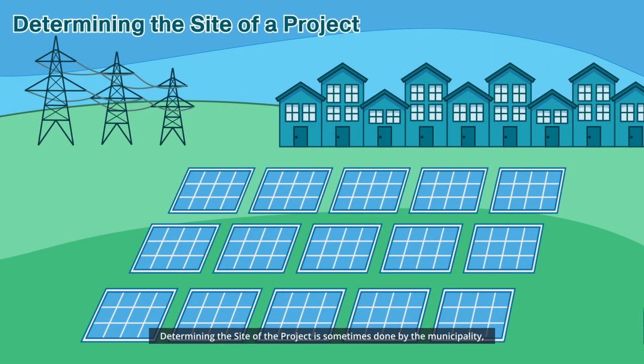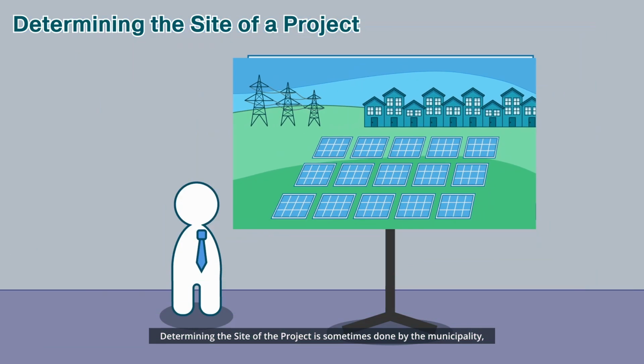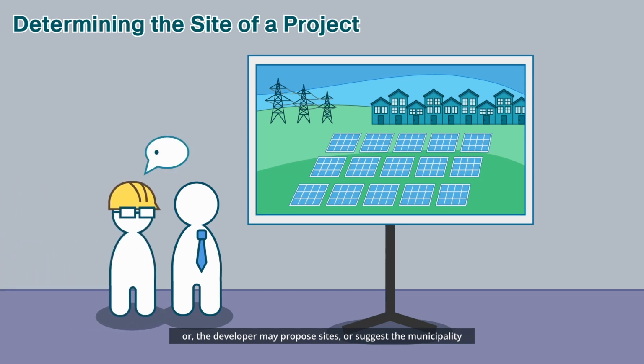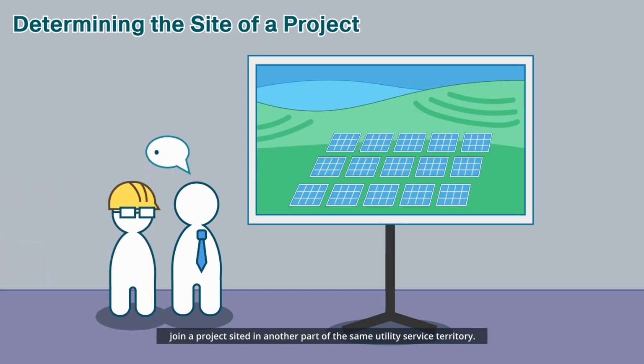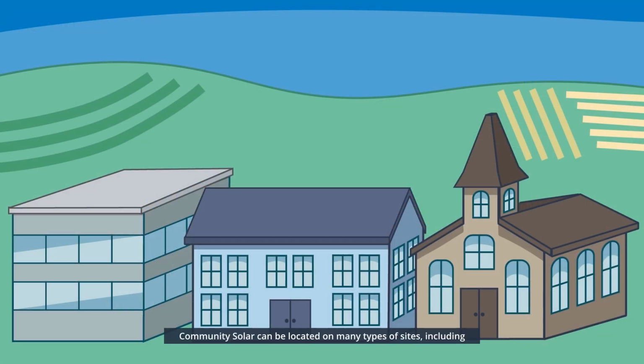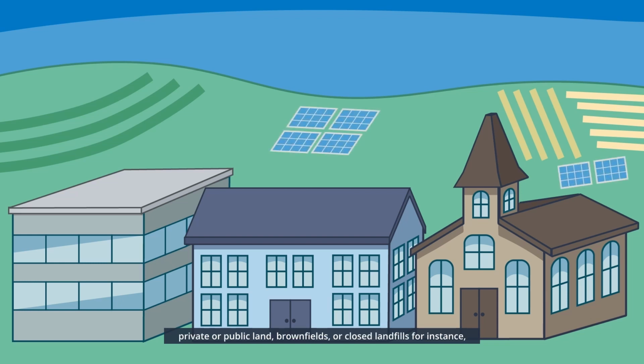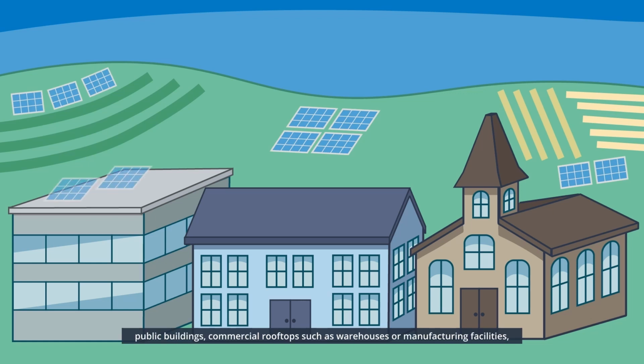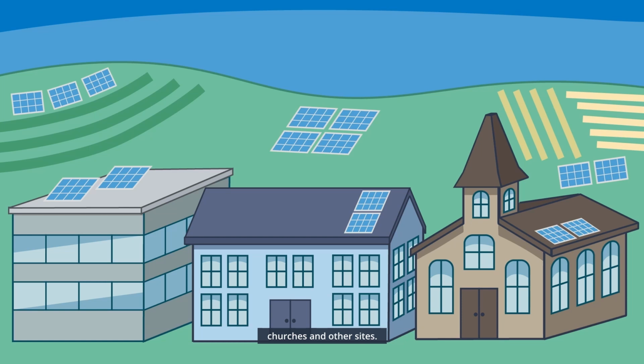Determining the site of a project is sometimes done by the municipality, or a developer may propose sites or suggest the municipality join a project sited in another part of the same utility service territory. Community solar can be located on many types of sites, including private or public land, brownfields or closed landfills, public buildings, commercial rooftops such as warehouses or manufacturing facilities, affordable multifamily housing, buildings owned by nonprofit organizations, churches, and other sites.